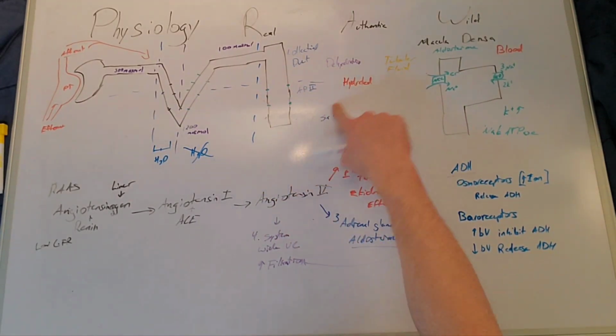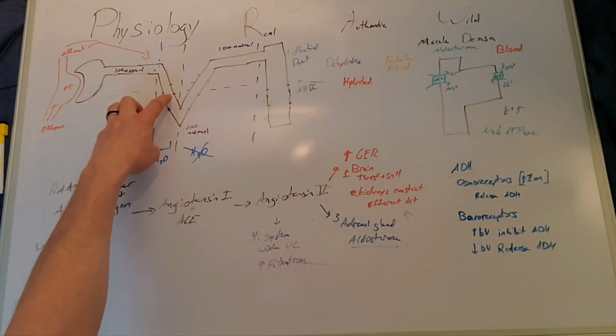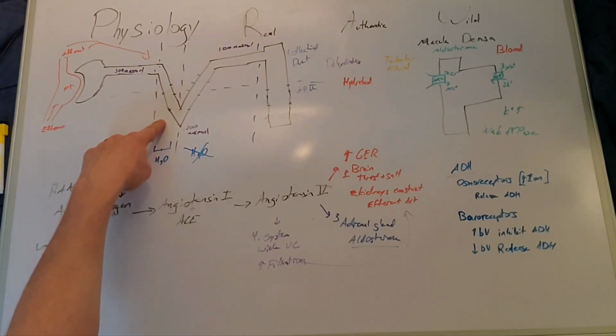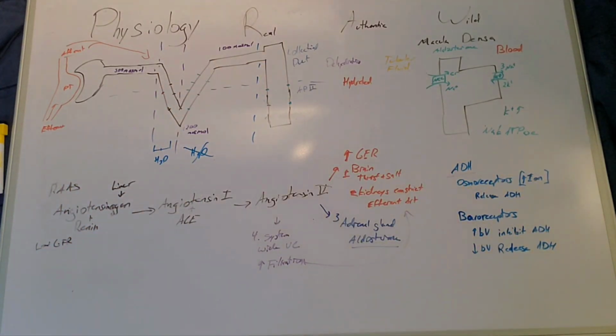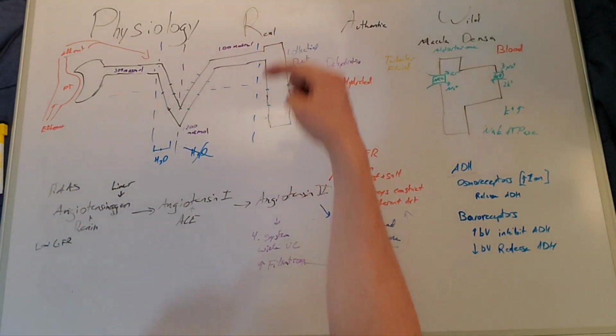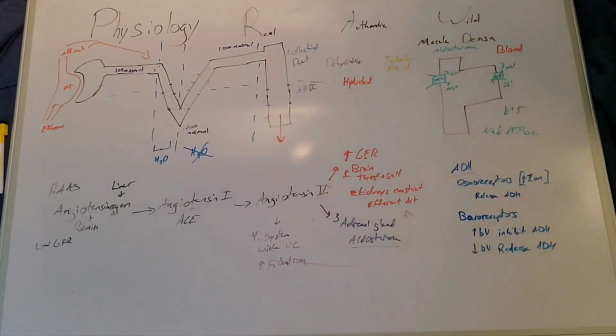So I'll just erase that. As we go down, since it's less salty out there, water doesn't feel like it has to leave as badly, and so more water will stay inside of the tubules and be secreted out of the collecting duct without being reabsorbed back into the blood. That's what happens when we're hydrated.